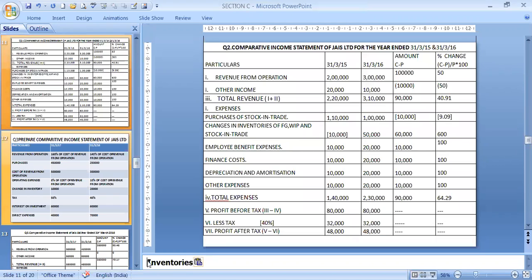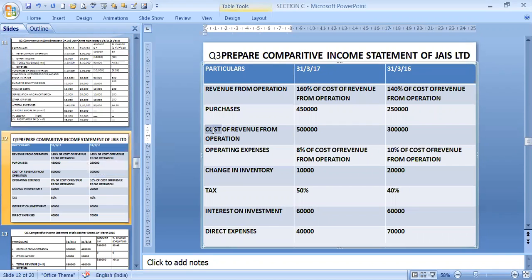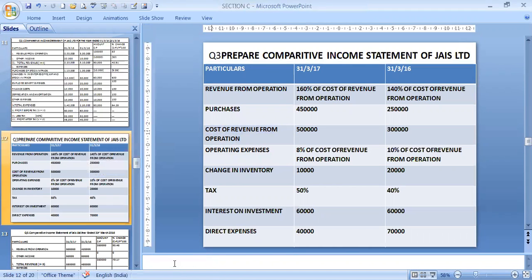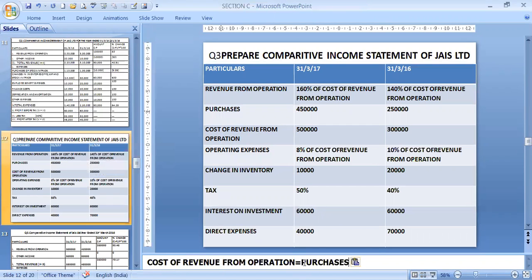So what are the three things we are including? We are including purchase, and we are including operating expenses.